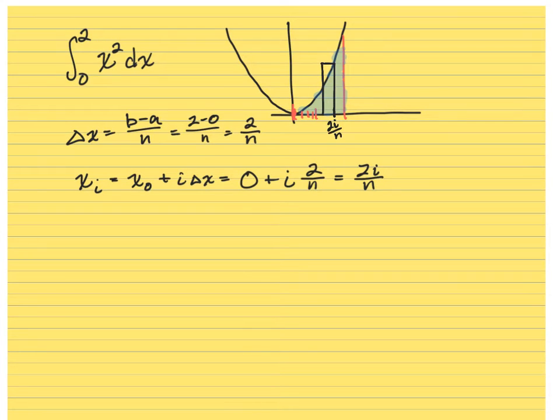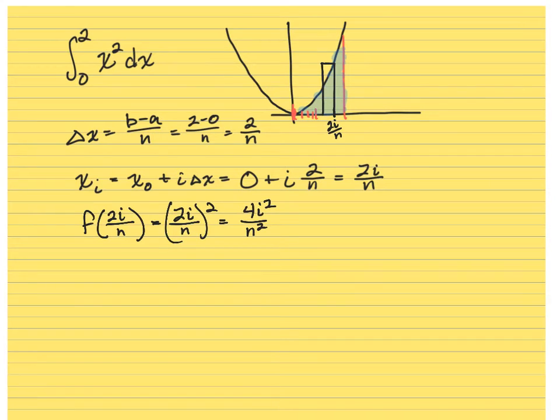So we're going to be plugging those values into our function, which is x squared, so (2i over n) squared, and so that's 4i squared over n squared. Those will be the heights of our rectangles.